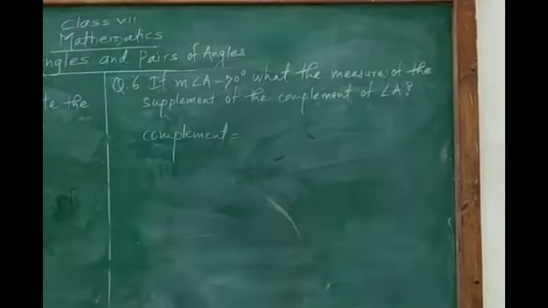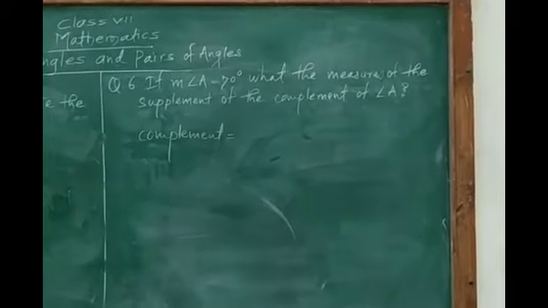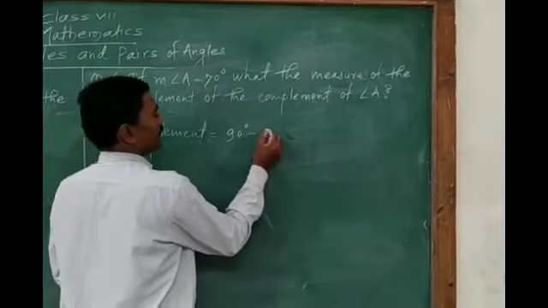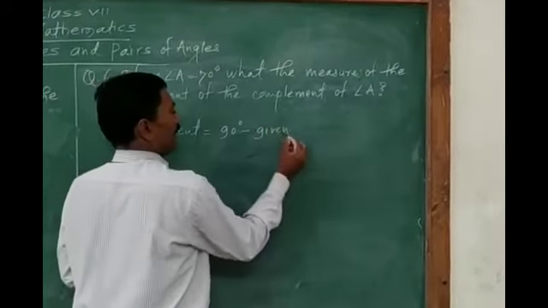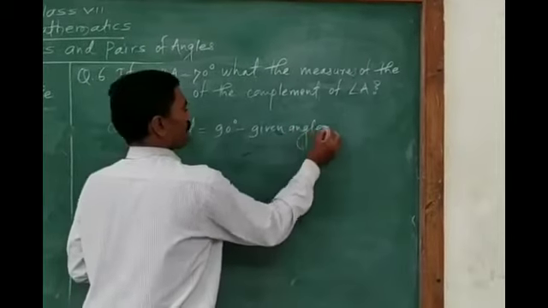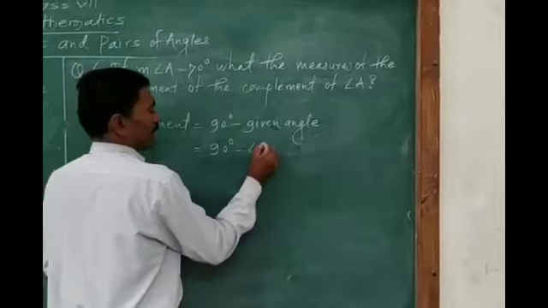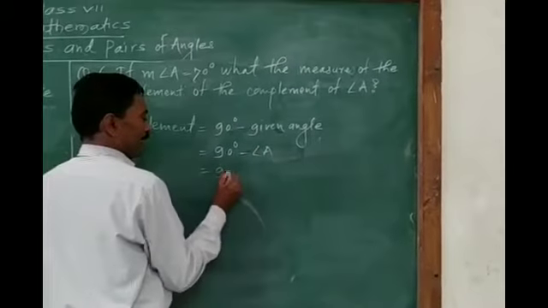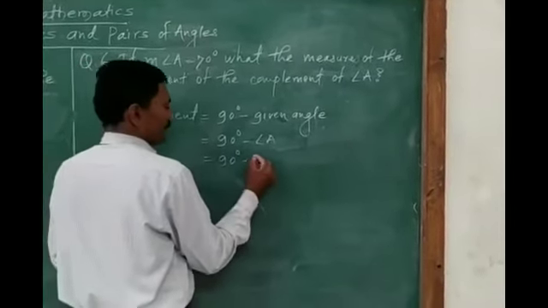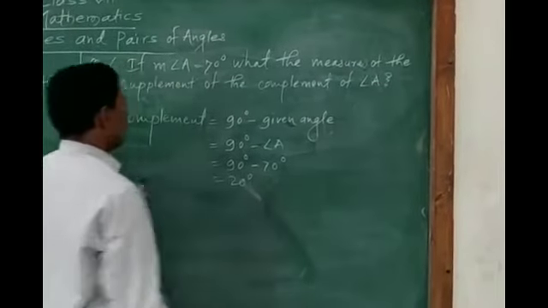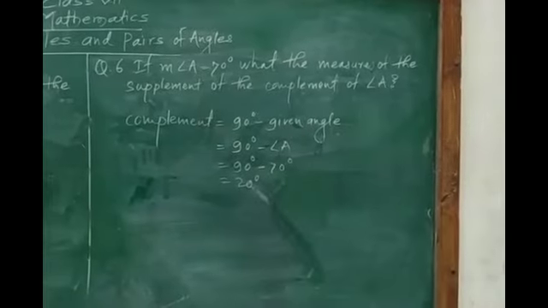To find the complement, 90 minus given angle. Therefore, 90 degree minus angle A, 90 degree minus 70 degree is equal to 20 degree. Therefore, complement is 20.